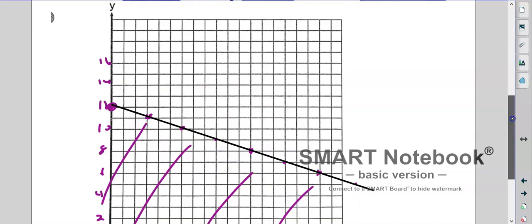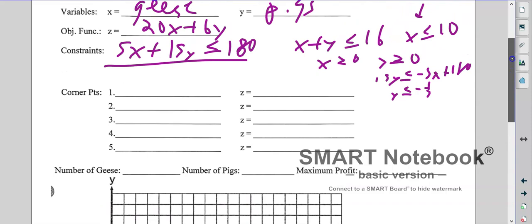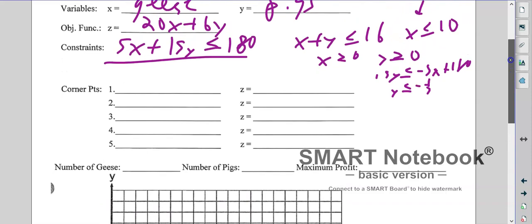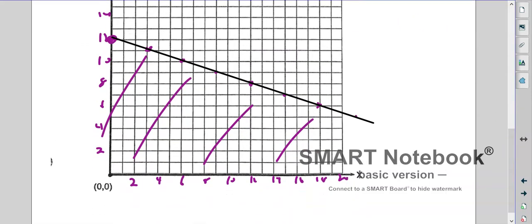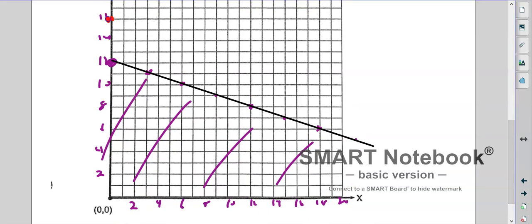Now my next line is 16 and 16. X plus y, 16. So that's easy. If I didn't go down too far. So 16 here, 16 here. It's going to be a nice negative 1 slope. So on the corners, each one of these. And I'm going to test 0, 0. 0 is less than 16. So I am shading underneath here. So right now you can see where my feasible region is so far.